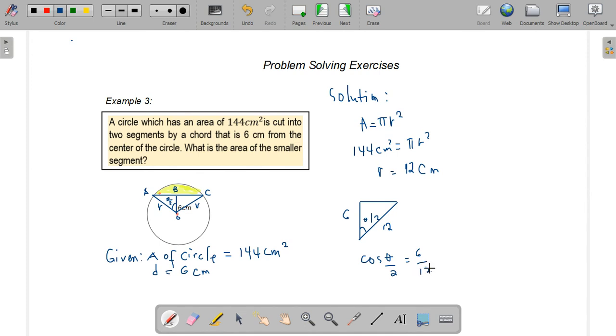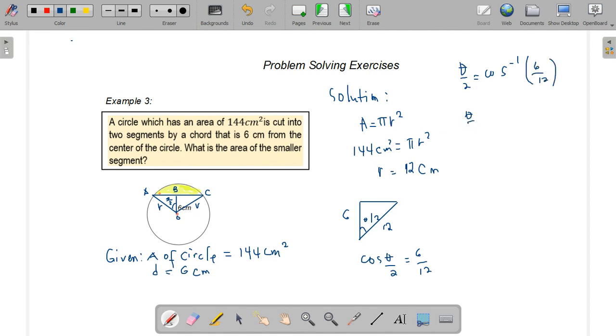Okay? Or you can say, so arc cosine, or you can say theta over 2 is equals to arc cosine of 1/2, or 6 over 12, no?